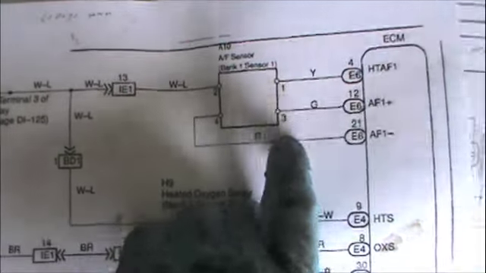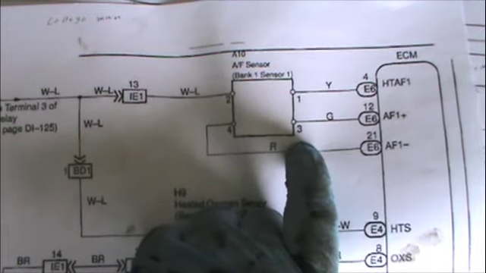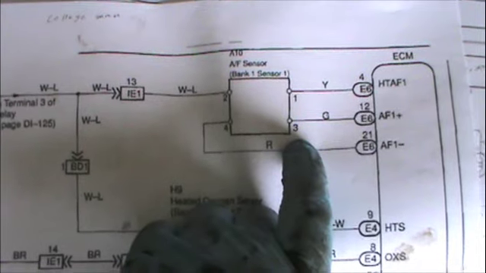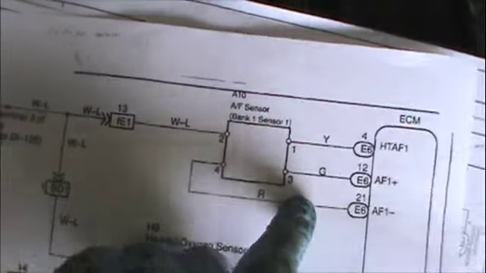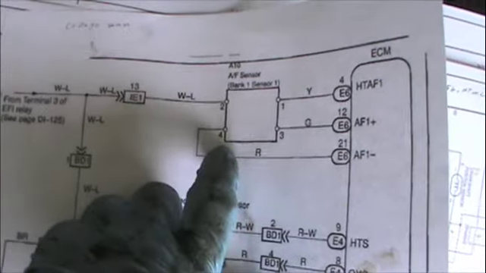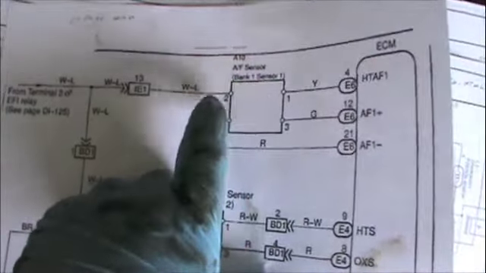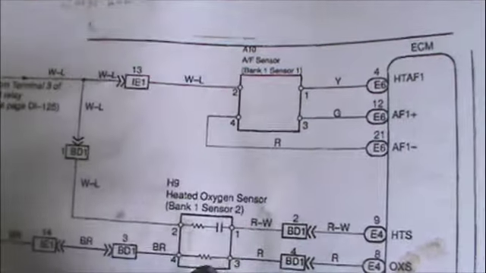I need to check this to see how much voltage it is creating. The computer says 3 volts. It should not be more than 1. But if it's not heated enough, this reading is wrong until it gets enough heat. So we need to change that oxygen sensor.